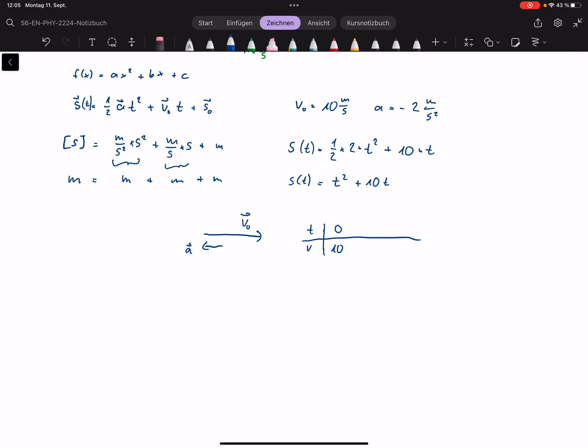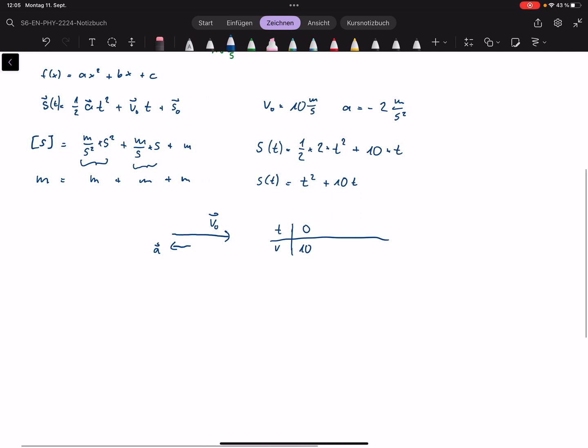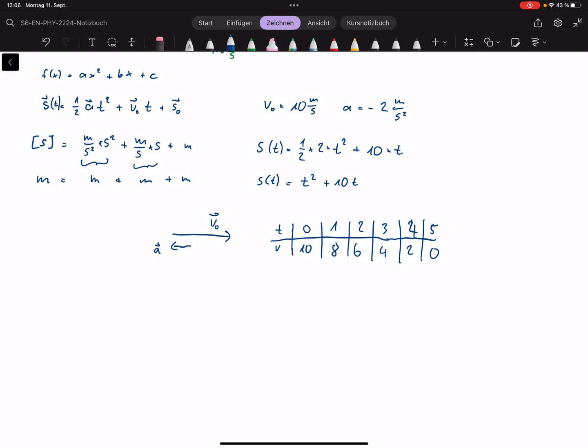And so after 1 second we have lost a velocity of 2 meters per second, so we are down to 8, 6, 4, 2, and after 5 seconds we have a velocity of 0.